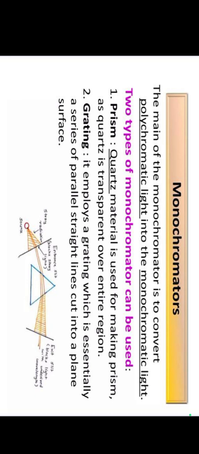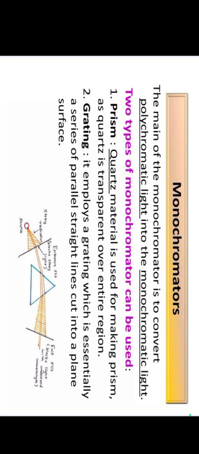The second one is the grating monochromator. It converts polychromatic light into monochromatic light more efficiently when compared to the prism.